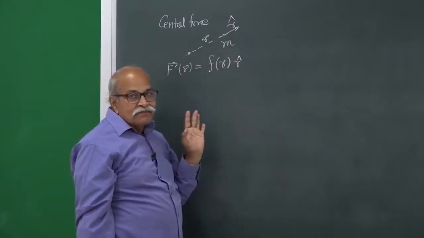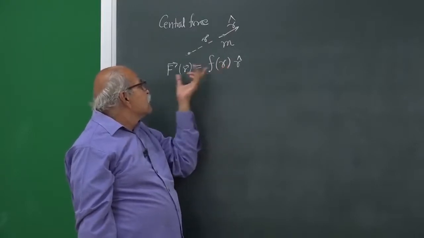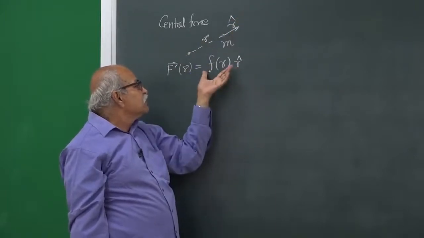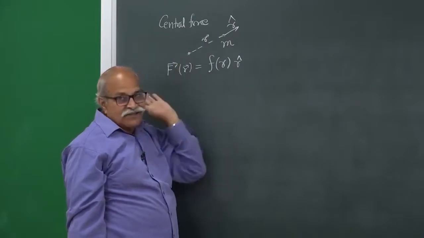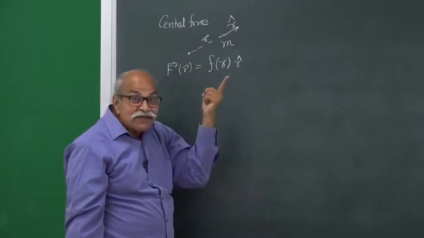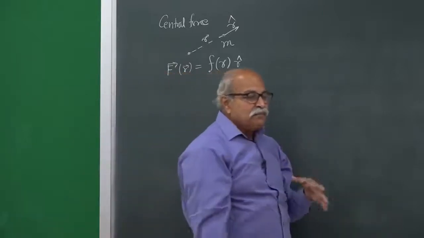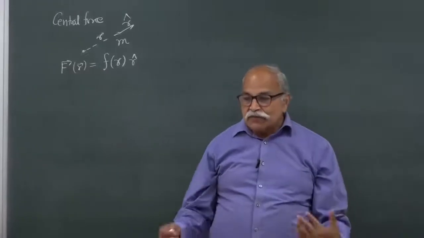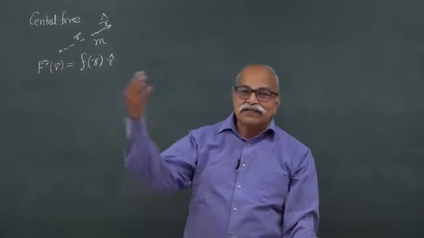So, this Fr, if it is positive, then the force is away from the center of force. If this Fr is negative, then the force is towards the center, attractive or repulsive. We have enough examples of such central forces, at least approximately: our planetary system, the sun and the planets.